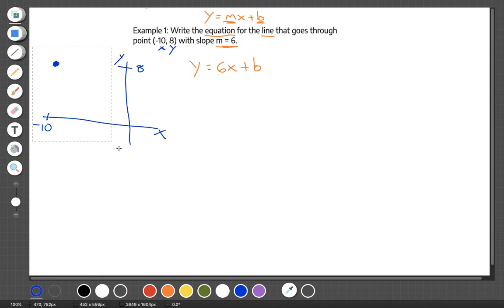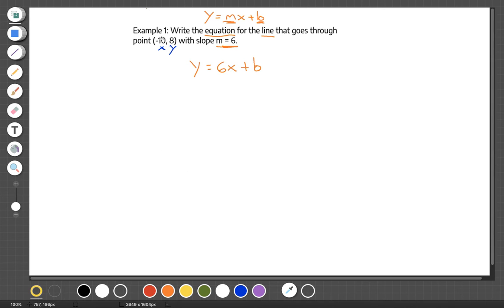So we know that the point they gave us was an x and a y. What I can do is use that idea and take this -10 and plug that in for x. Then I'm going to take this 8, it's my y, and plug it in for y.